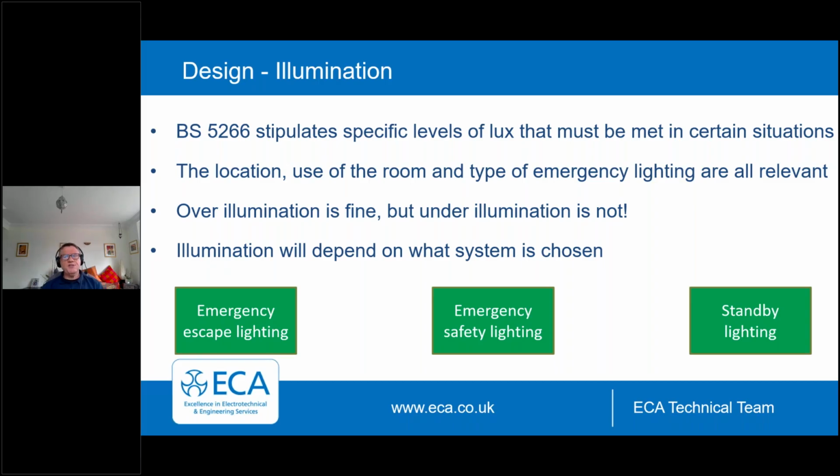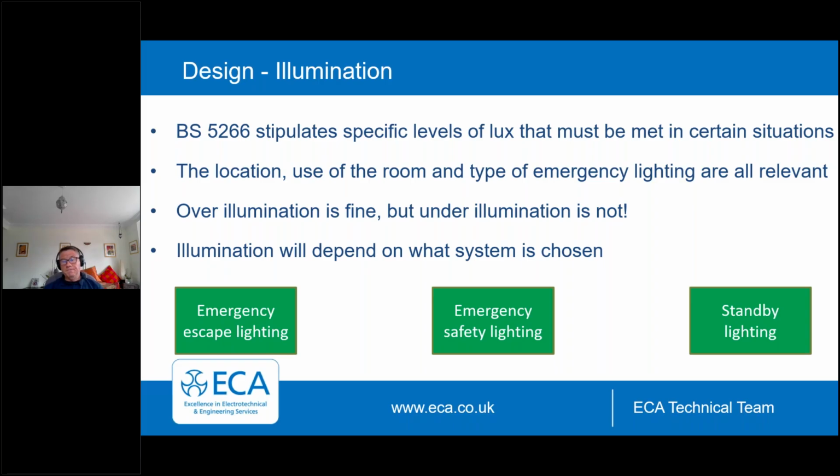I just wish to reiterate that this is the bare minimum that we ought to consider. It's better to overachieve, not least if this is likely to be installed for some considerable time. Don't forget, things do degrade over time, and if we're just achieving, say, 1 lux at the beginning when the lamps and batteries are brand new, we may not be achieving that in a couple of years, and we need to be on the lookout for that.